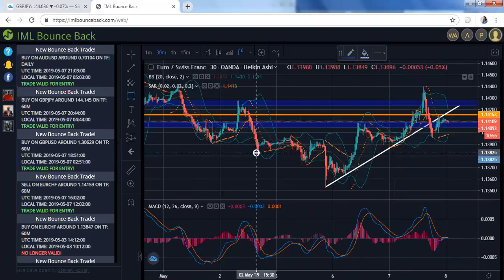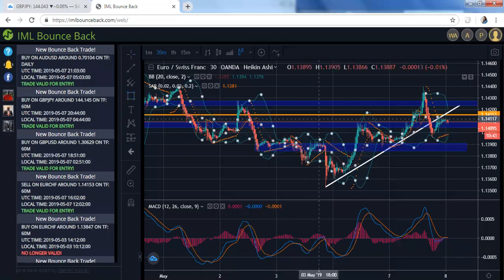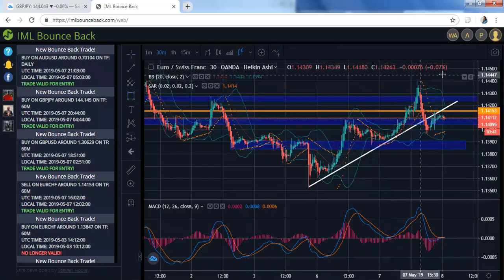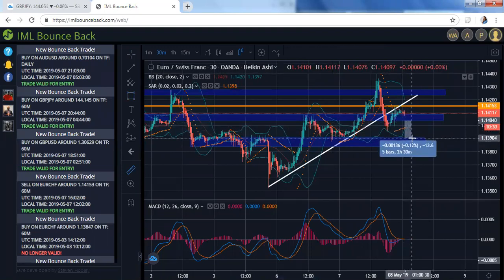So I would identify this point right here as structure. This is the point I'm identifying as structure, right? So next take profit for me would be to this point here, which is around another 15 pips.